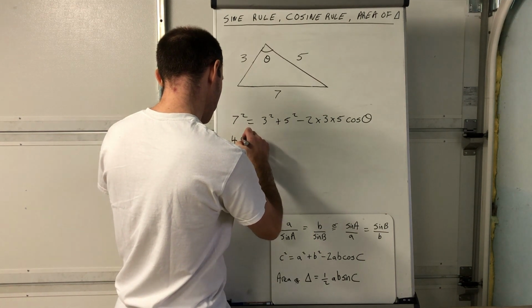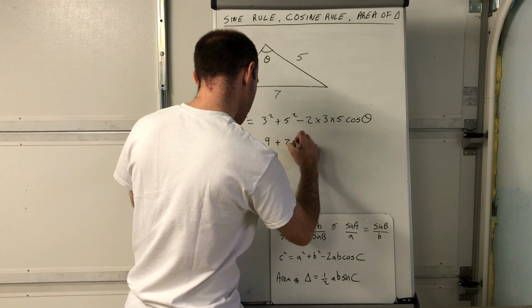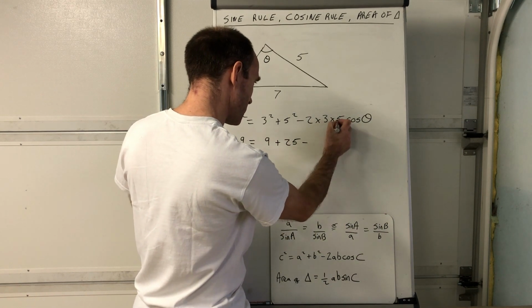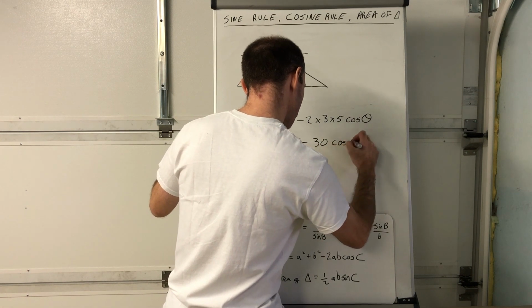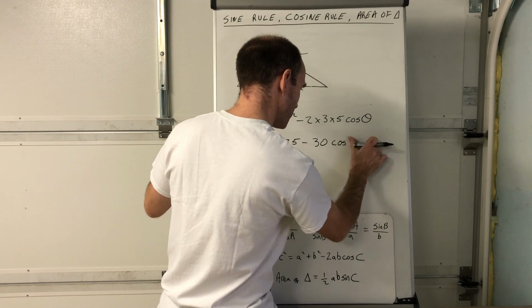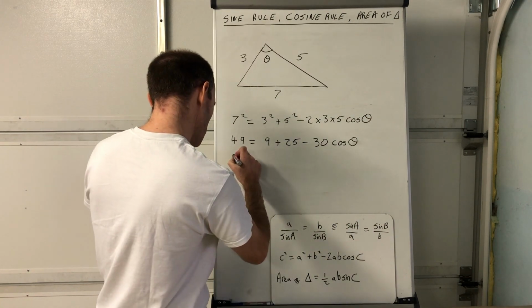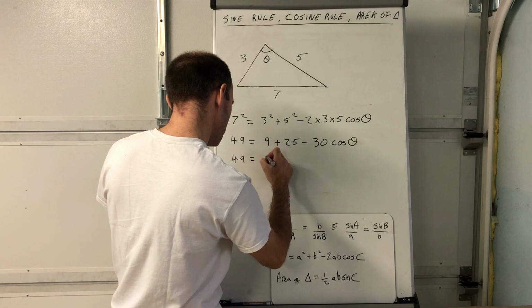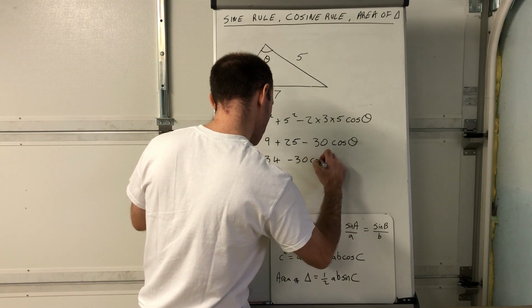So on the left, you've got 49, and then on the right, 3 squared is 9, 5 squared is 25, and then 2 times 3 times 5 is 30, cosine theta. And let's do it a little bit more, so 49 is equal to 34, subtract 30 cosine theta.